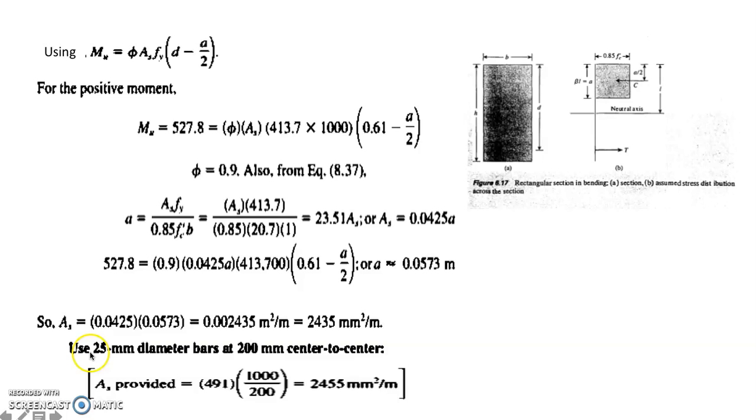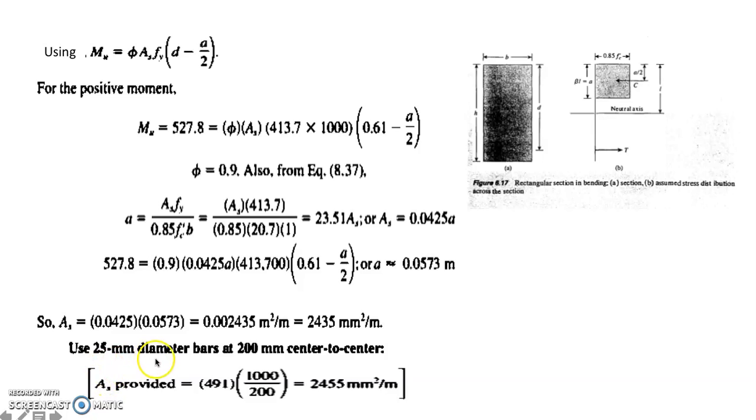If we prefer to use a 25 mm diameter steel bar, get the area for one steel bar. The area for one steel bar, if we're going to use 25 mm, is equal to 491 mm squared.